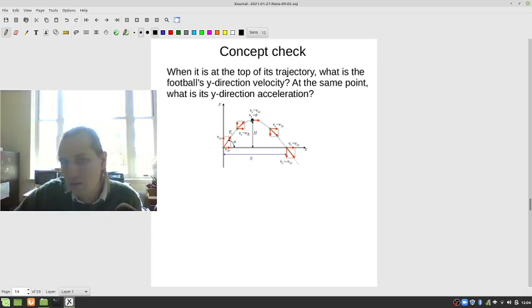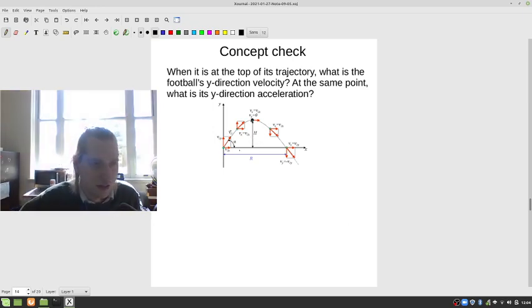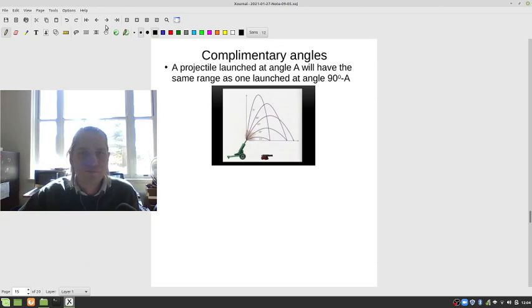Not a trick question, but maybe a little tricky. The y direction acceleration is constant. We're using constant acceleration actually in both directions. In the y direction, it just happens to be negative 9.8 meters per second squared. In the x direction, the acceleration is 0. So that's something to keep in mind.